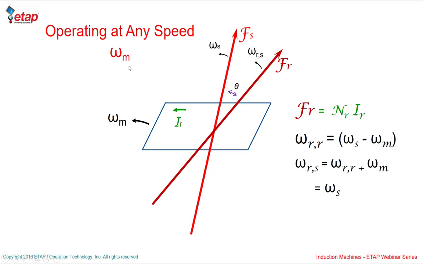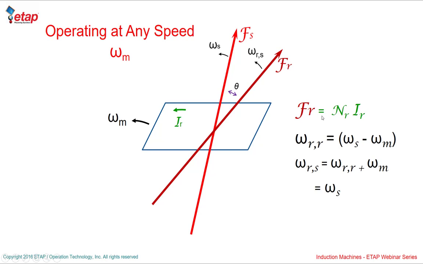And now let's look at operation at any speed, omega m. So now the rotor is rotating at a speed of omega m. Initially the speed was 0, and it starts creating torque, and by that torque, the rotor starts rotating, and it goes to any speed omega m. And let's see the process here.